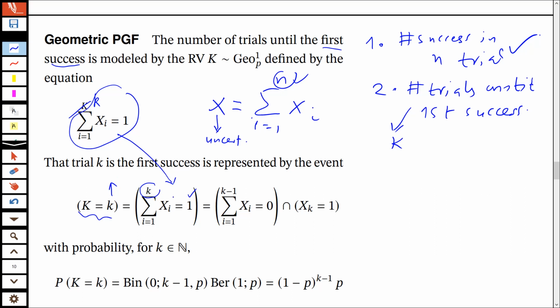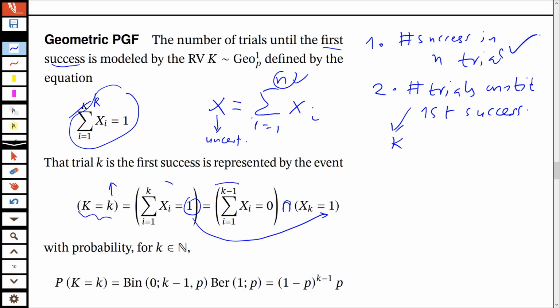So which means that this success 1 has to be observed at the kth trial. That's why I'm writing xk. So the kth trial gave me a success. Very nice. And now I must have an AND, because that alone is not enough.